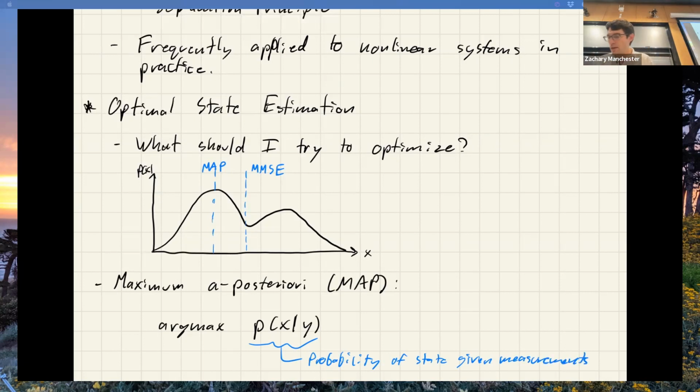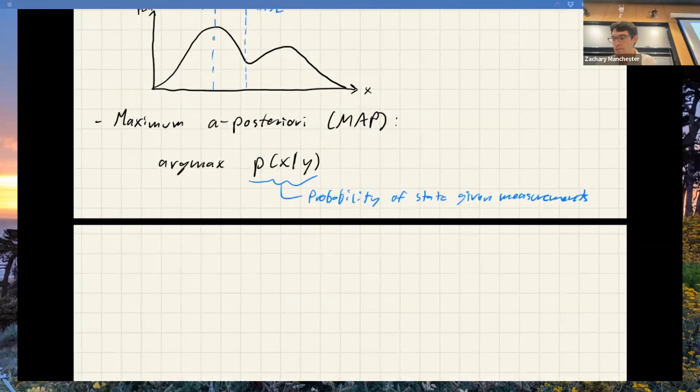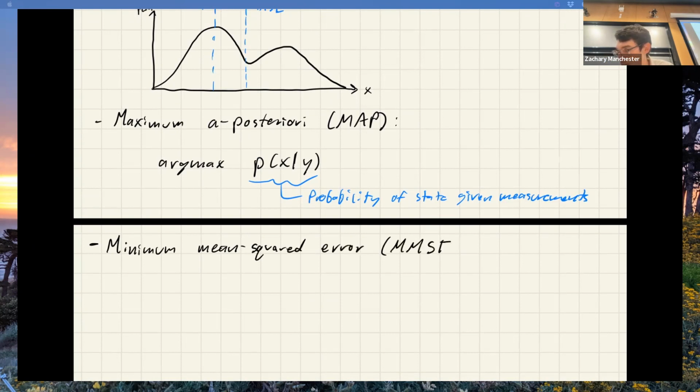Totally reasonable. The other one, this MMSE thing, is a little bit different. I'm going to write this out because there's an important little trick in here that we're going to use that's kind of fun. Minimum mean squared error, MMSE.